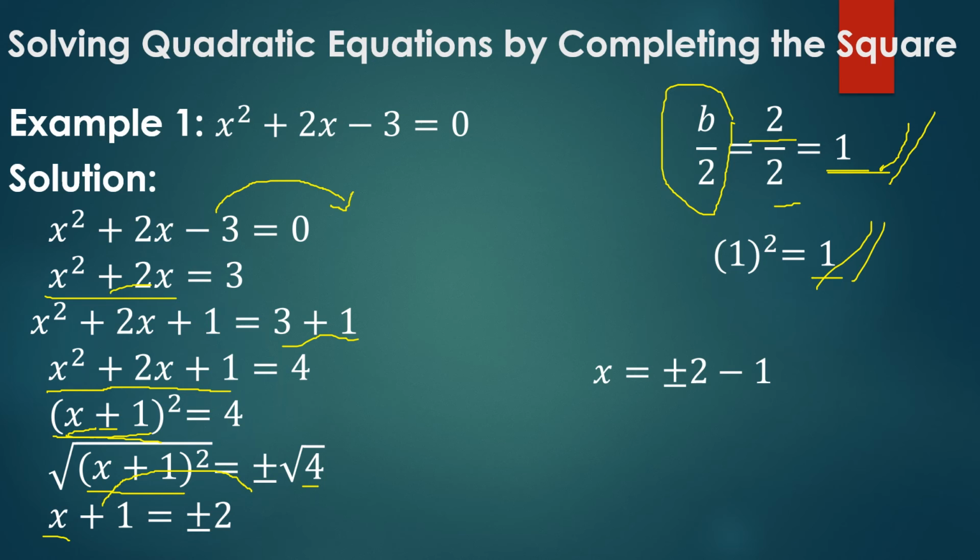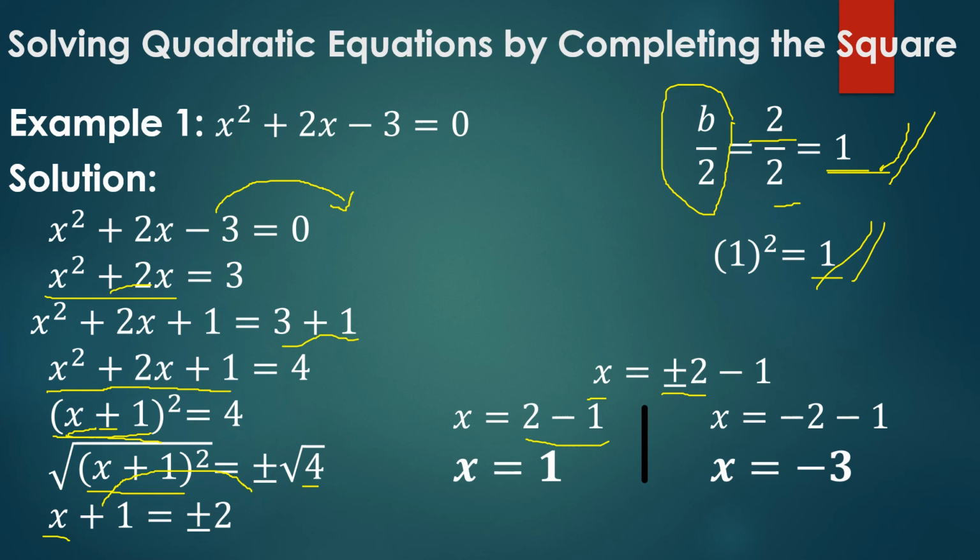For us to find the value of x, we have to separate the positive and negative 2. Therefore, we have x is equal to positive 2 minus 1, and then x is equal to negative 2 minus 1. By simplifying, what is 2 minus 1? That is 1. And then x is equal to negative 2 minus 1 will give us negative 3.